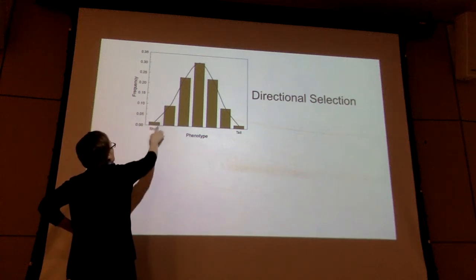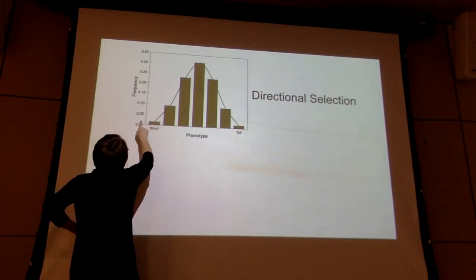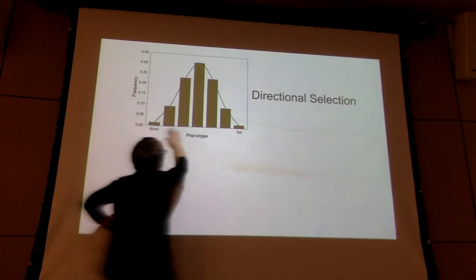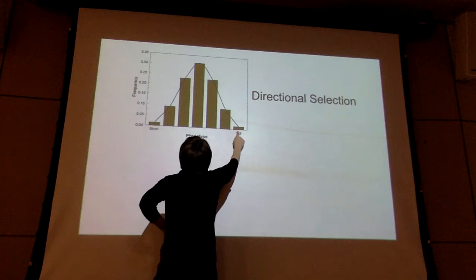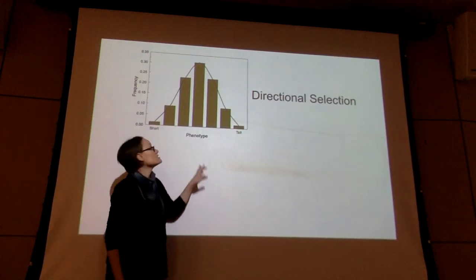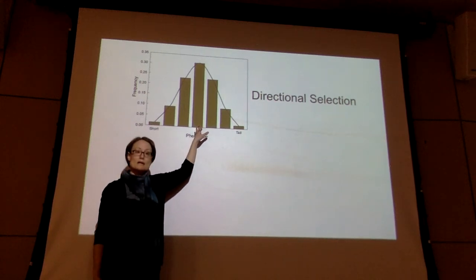Here you can see the shortest individuals make up, let's see, 2.5%, 0.025 frequency in the population. The tallest also make up only that much of the population. The majority of the population here in the beginning has a sort of intermediate height.